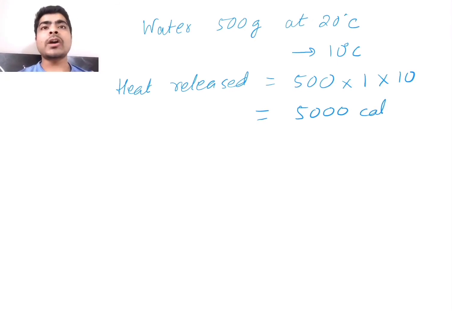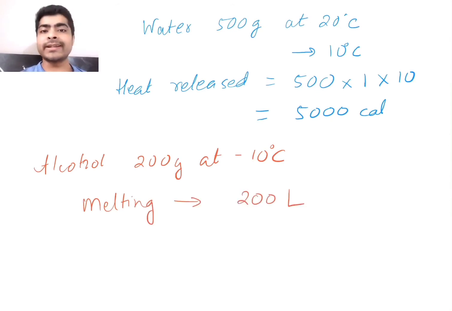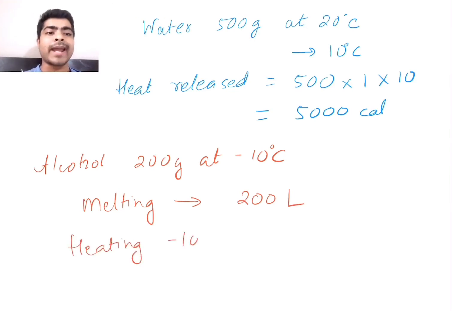Now we come to alcohol again. How much alcohol? 200 grams at minus 10 degrees Celsius in solid state. So this will first melt. So melting of alcohol will require how much heat? Mass into latent heat. Then heating of alcohol from minus 10 degrees Celsius to plus 10 degrees Celsius, the final temperature of mixture.